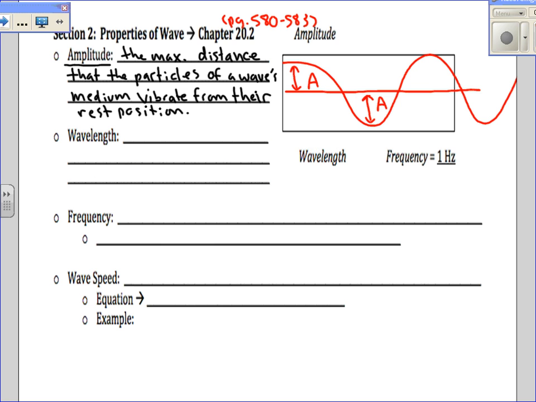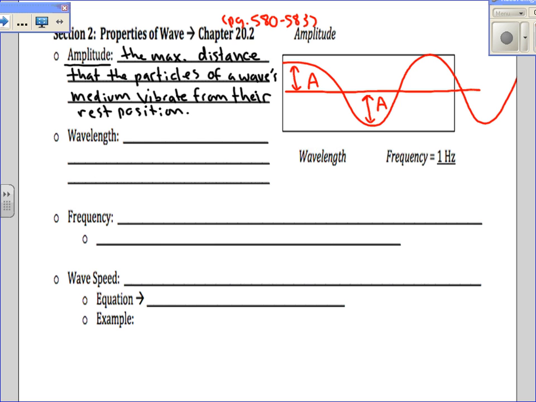Like I said, this is the max distance that the particles of a wave's medium vibrate from their rest position, so the rest position is that central baseline. As the amplitude goes up, the energy will increase. This is the distance from the center to the peak, the crest, or the trough.